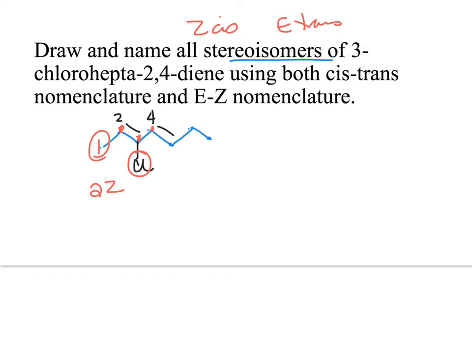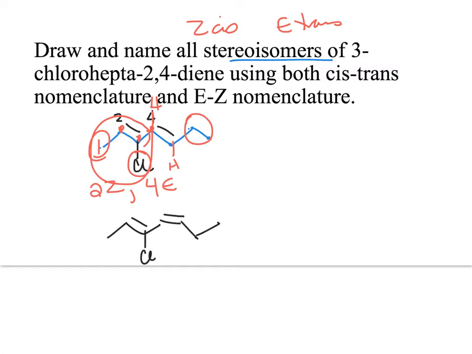And then you go to carbon number 4, and you can draw your hydrogens in there, and you'll see that this is your higher priority, and then the higher priority over here is on the other side. So this would be trans, so 4E.